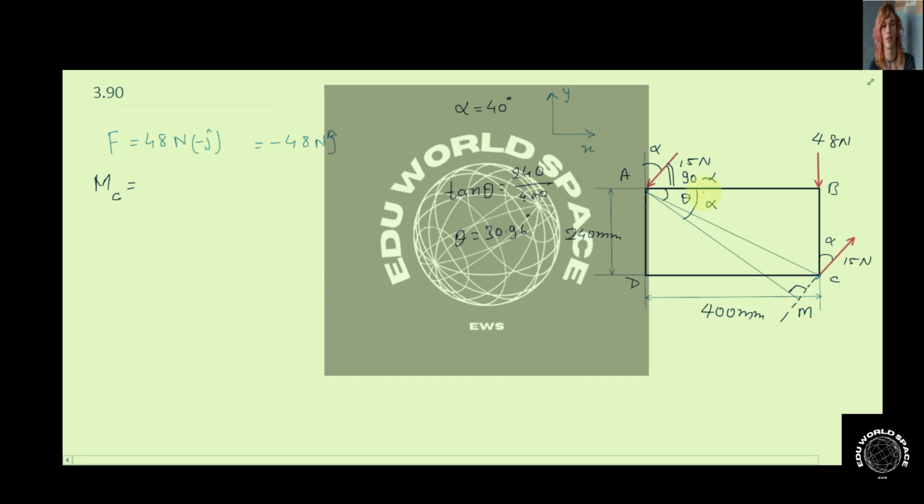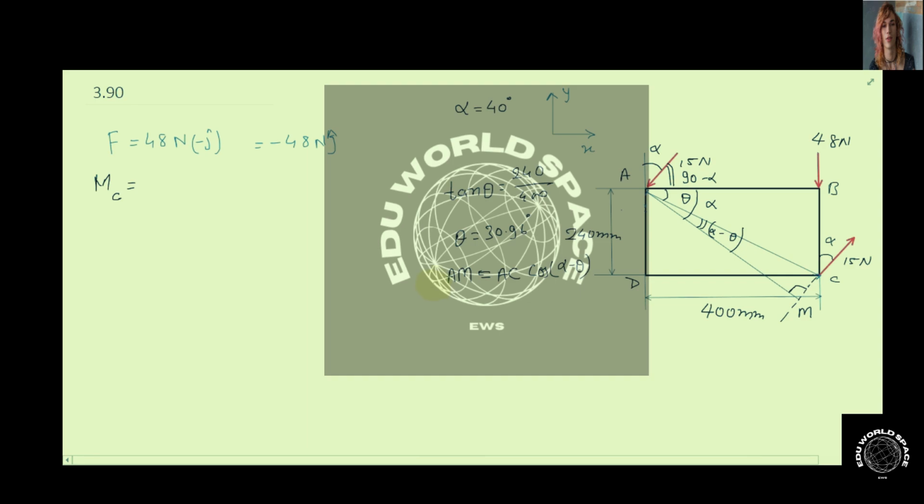Now this entire angle is alpha, that is angle BAM is alpha and angle BAC is theta. So this angle is going to be alpha minus theta. So the length AM can be written as AM equals AC cos(alpha minus theta).